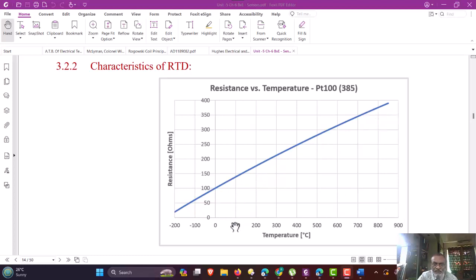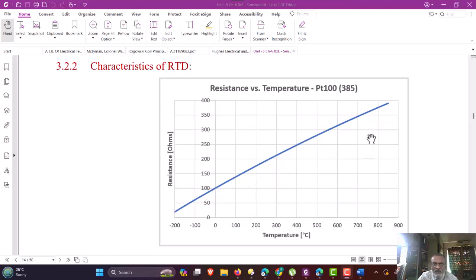The resistance for various temperature values is listed here on y-axis. From this curve, you can find out the resistance of RTD at any temperature. For example, at 400 degrees centigrade, the resistance value is 250 ohm.